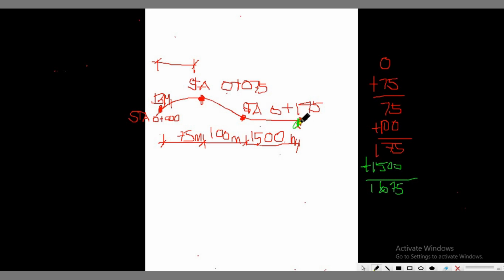Now the name of this station will be 1 plus 675. Naming the stations, or stationing, may be a bit confusing at first.